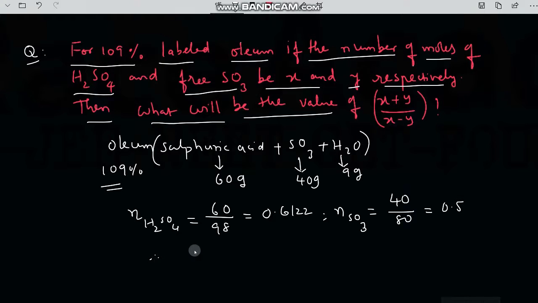Therefore, this is x and this is y. We calculated these. So what we have to calculate is x plus y by x minus y. So what is x plus y? The total you will get exactly 1.1122.